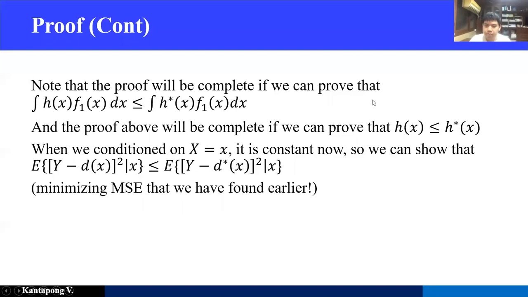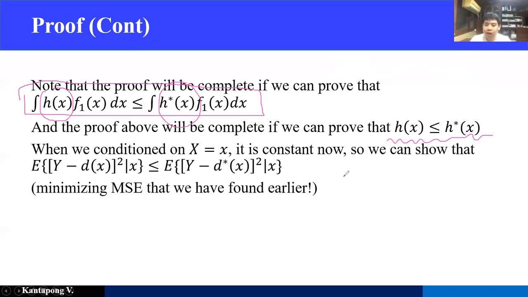We have to compute this one, and it is reduced to this one, that is, the indicator that h of x is less than or equal to h star of x. But we have F1 of x in common, so we have to show only this one: h of x is less than or equal to h star of x.